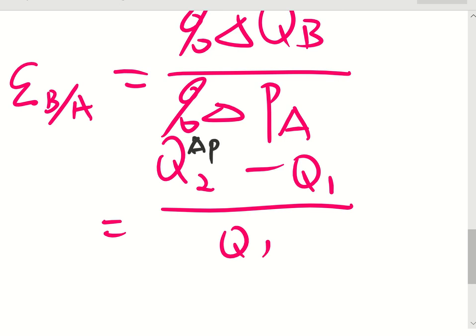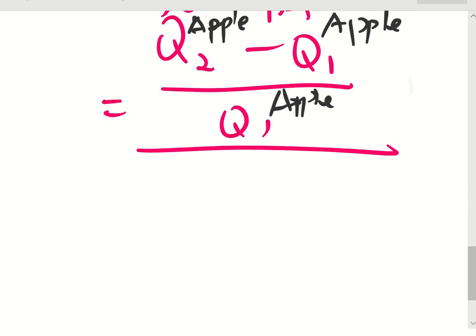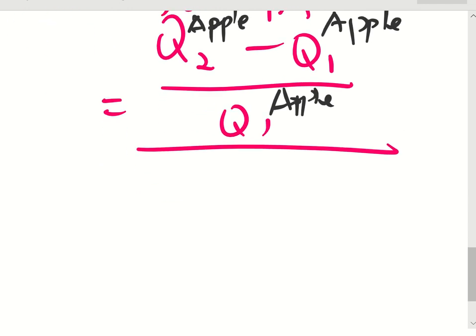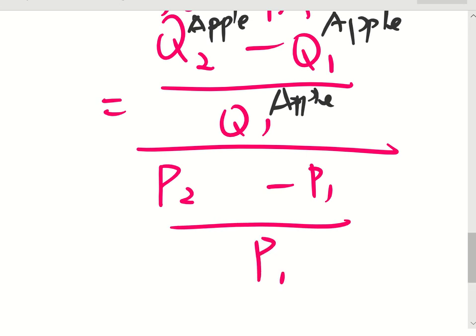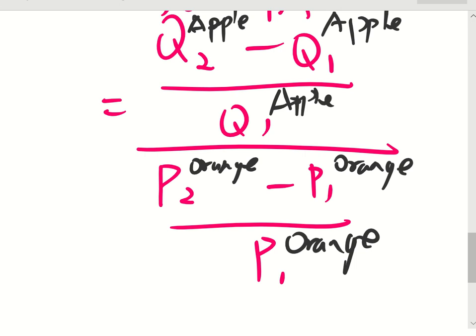So the price of apple, the quantity of apple on the top, and then divided by, now still the same formula we used before, so P2 minus P1 over P1, right? So new price minus old price divided by old price, but this will be something else. Let's call this one orange. Okay, so that's the only difference we have.